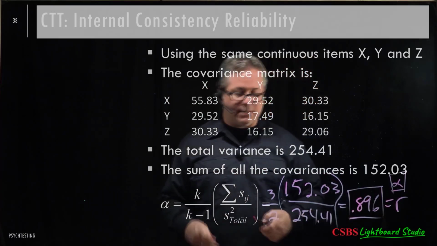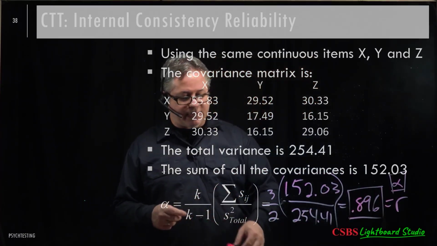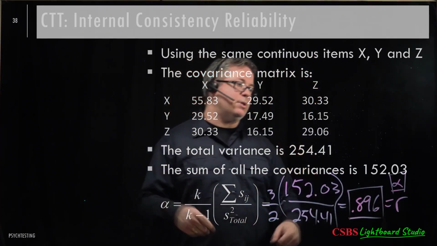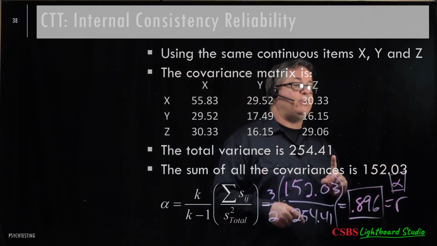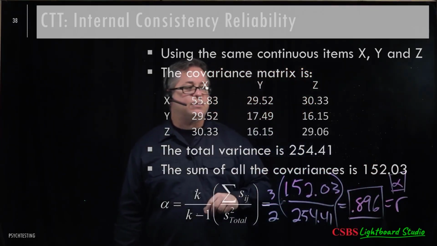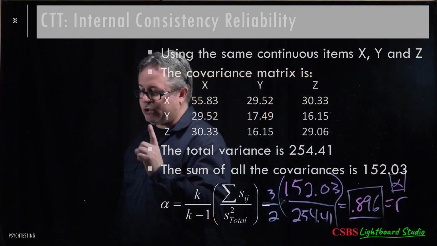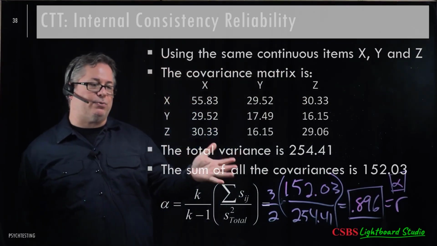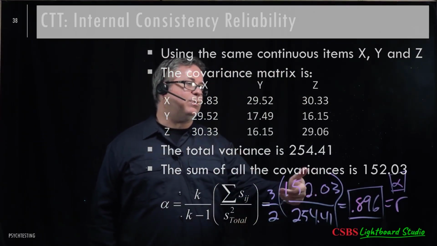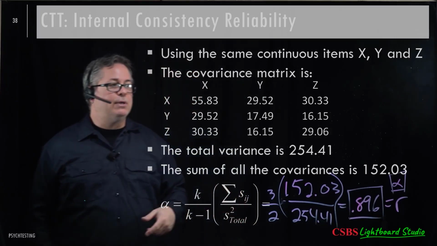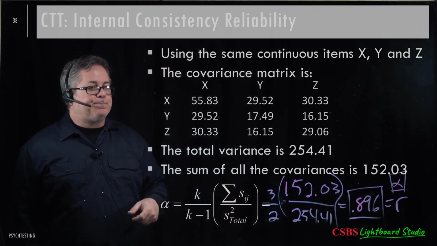This is just looking at the items themselves without having to give it multiple times or have multiple versions or split halves or all that kind of stuff. But I do have to have multiple items. If my entire questionnaire or whatever is just one item, I can't do an internal, or even 2 items. I can't really do an internal consistency measure based on that.